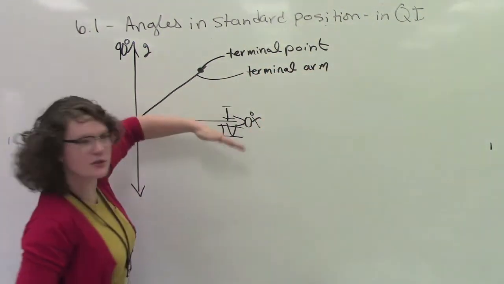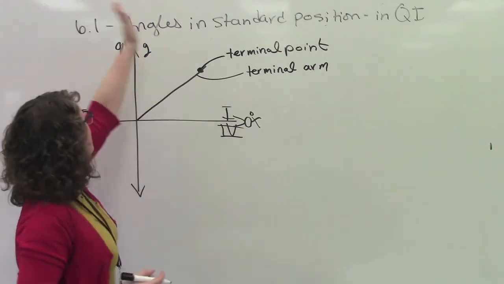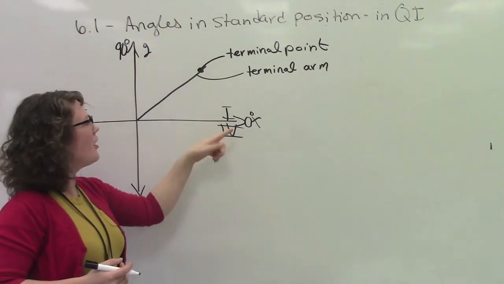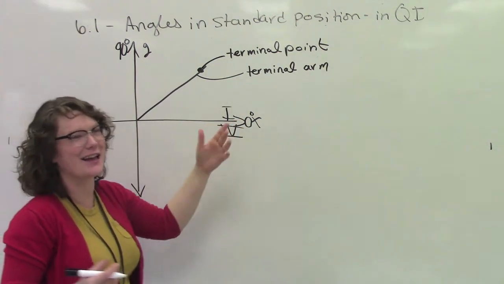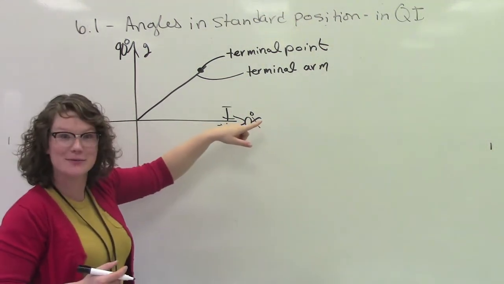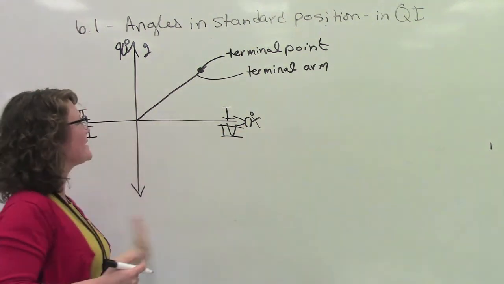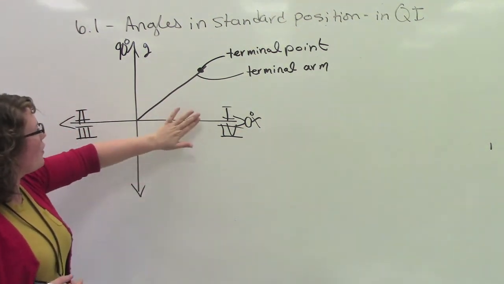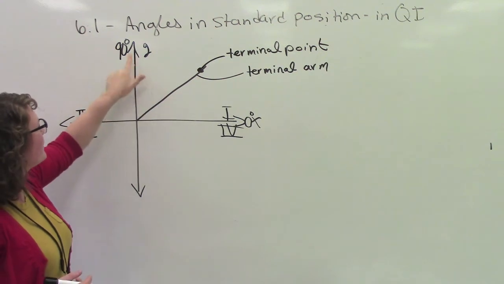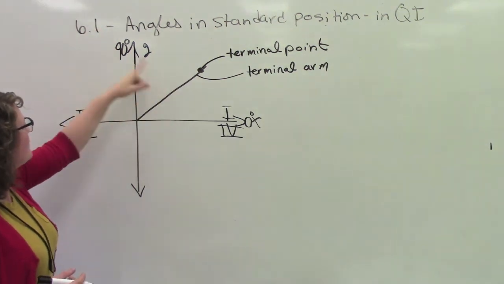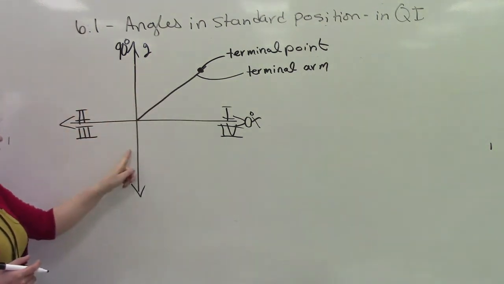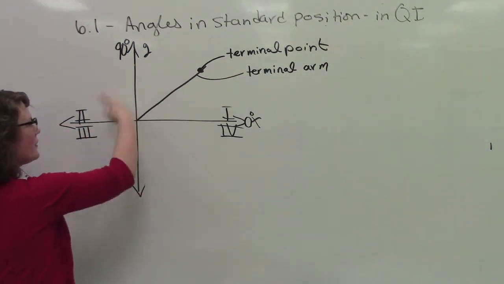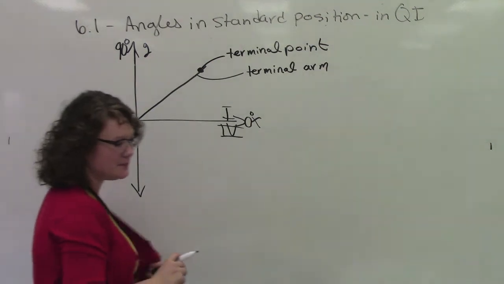If I were to take that terminal arm and go from 0 all the way back to 0, how many degrees? I kind of let the cat out of the bag there. How many degrees would it be? It would be 360. So today we're just talking about quadrant 1, so we're talking about from here to here, it's 0 to 90. Here would be 180 because it's a straight line. From here to here would be 270, and all the way around would be 360.